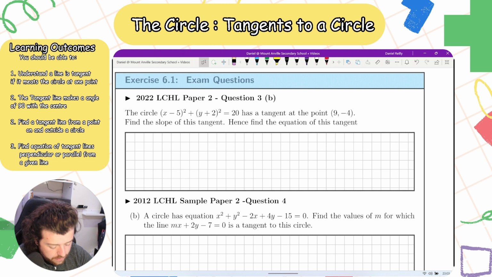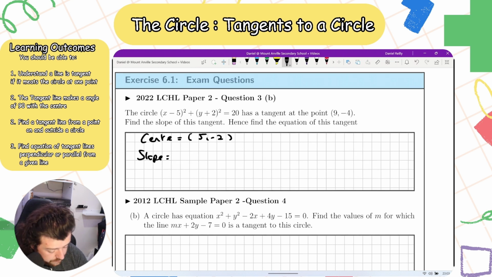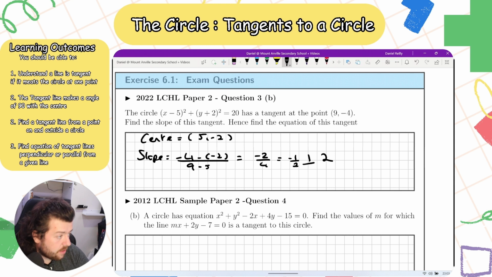So the slope is between my center point. So my center is going to be (5, -2). And my radius, actually I don't need my radius in this case. So my slope is equal to -4 minus -2 all over 9 minus 5, which is equal to -2 over 4, which is -1/2. And my perpendicular slope is 2.